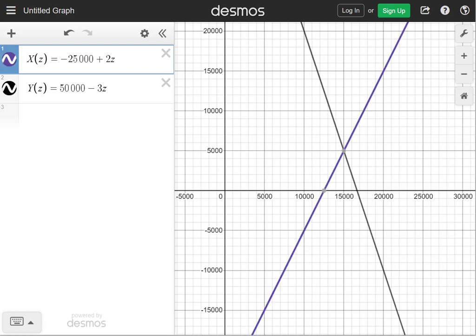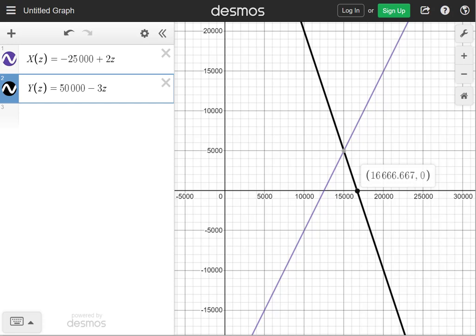And so I was able to graph it, and notice that my x values are positive only when my z values are greater than 12,500. And my y values are positive only when my z value is less than 16,666.